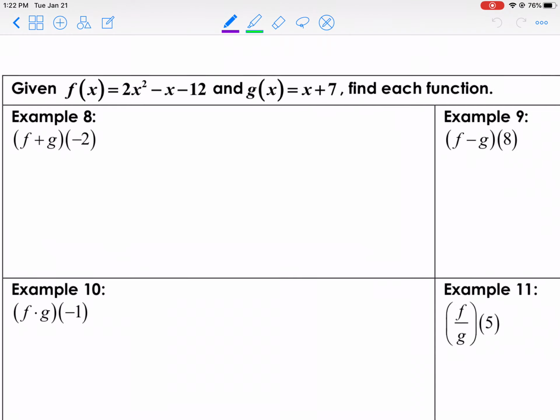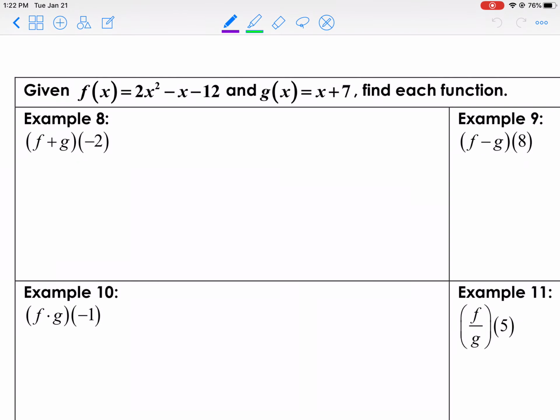10-3. Okay, given these new equations, find each function. So here we're looking for the sum of f of -2 plus g of -2. This is sort of a combination of the 10.1 lesson and this lesson, right? So f of -2, I'm going to replace the x in the f of x function with -2.